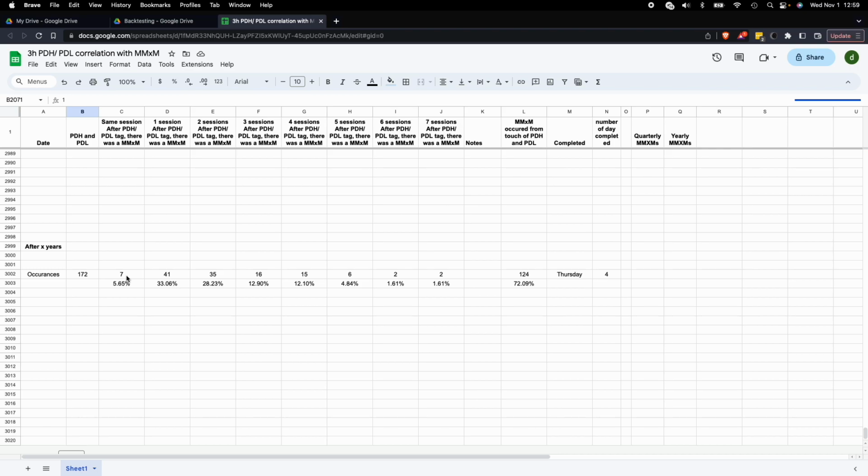There were actually 7 times within 4 years, 10 months of data that it was answered in the same session. And then from there, it was just broken down: session 1, 2 sessions afterwards, 3 sessions afterwards, 4, and so forth. So 124 market makers were formed off of the previous day high, previous day low forms.